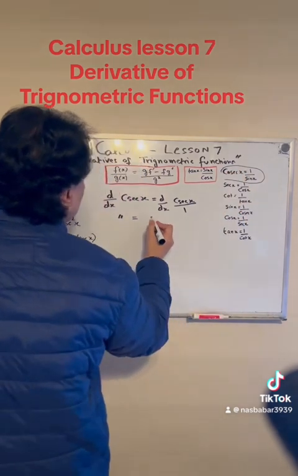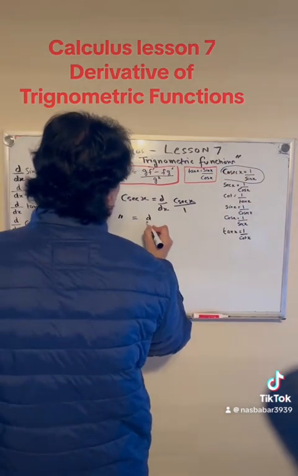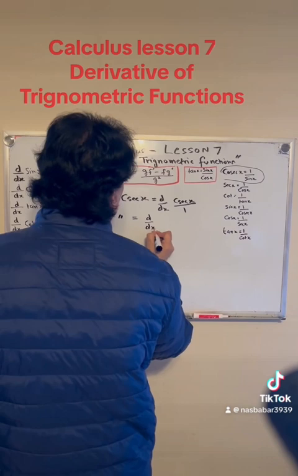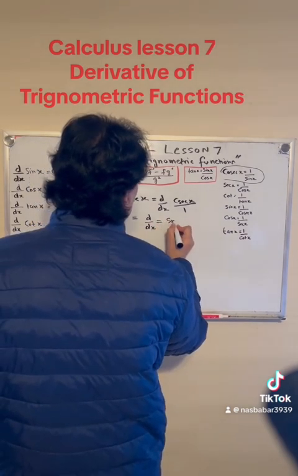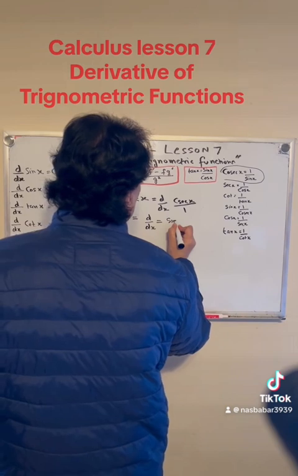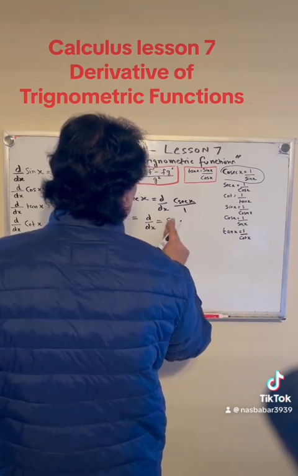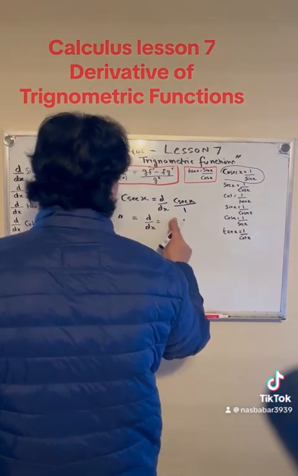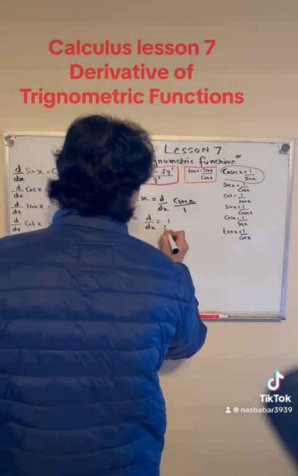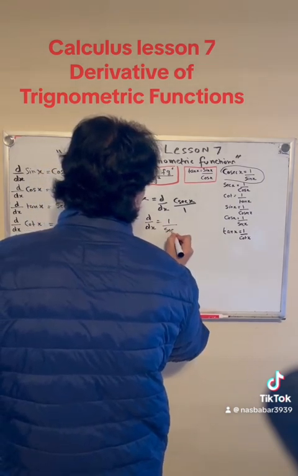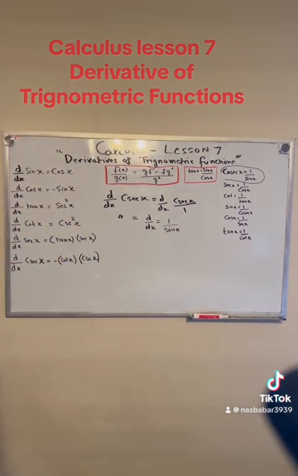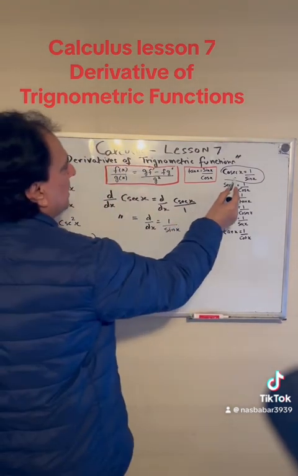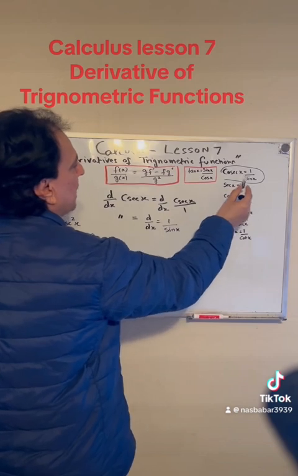So I can write this as d over dx of 1 over sine x, can I not? Because cosecant x is equal to 1 over sine x.